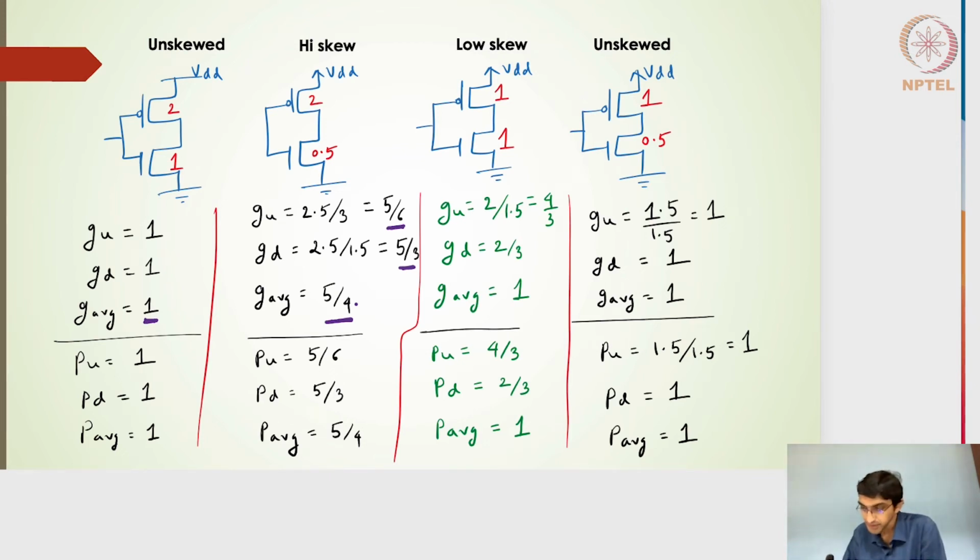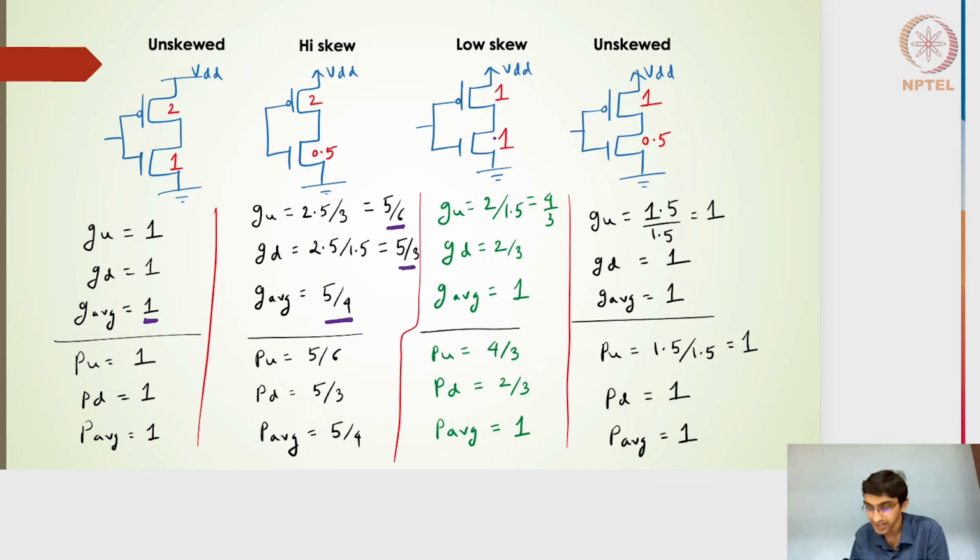For the low skew, having 1 and 1 here, that means the NMOS beta here is more than the beta of the PMOS. Although the width is the same, this one is called a low skew because the beta of this NMOS transistor is higher than the beta of the PMOS.